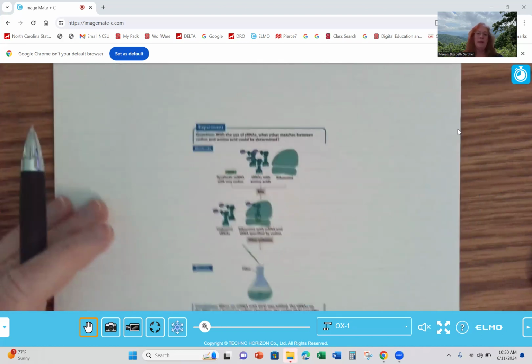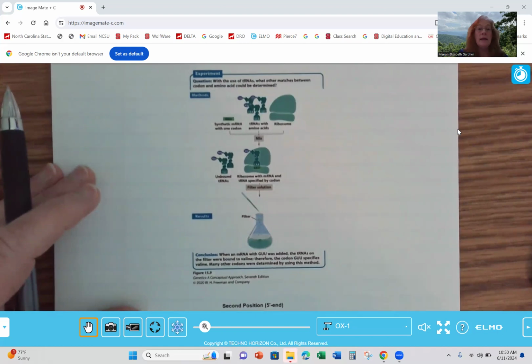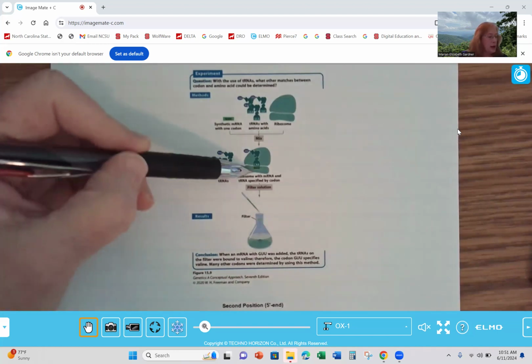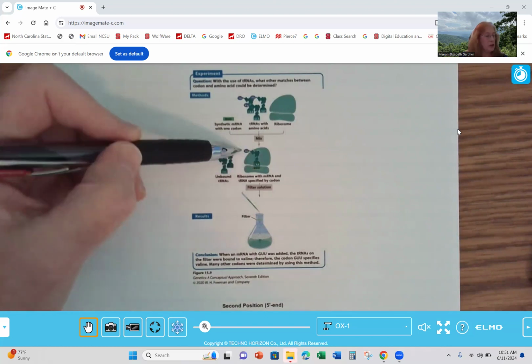This is one of my favorite of the classic experiments, and let's see if we can make this diagram a little bit more visible. What they found was that if you had a ribosome and a trinucleotide, so 3 bases in a row, which they could make in any sequence they wanted, and the charged transfer RNA, that would be the RNA hooked to the amino acid, that you could get the structure of the trinucleotide, the ribosome, and the charged transfer RNA all bound together.